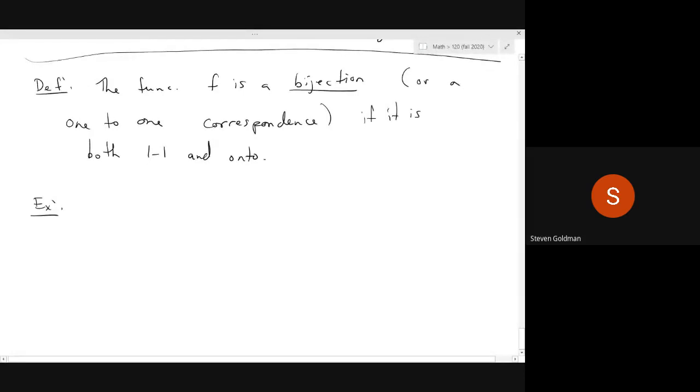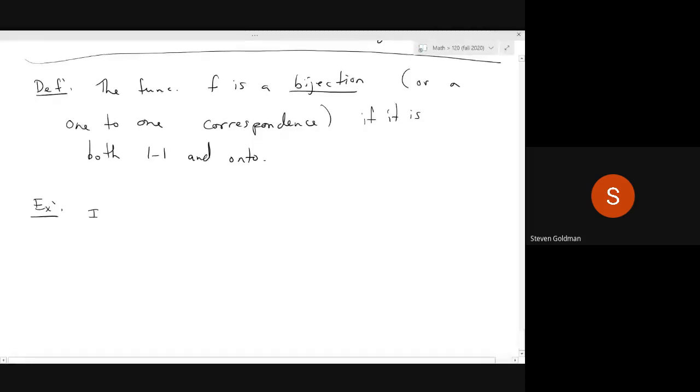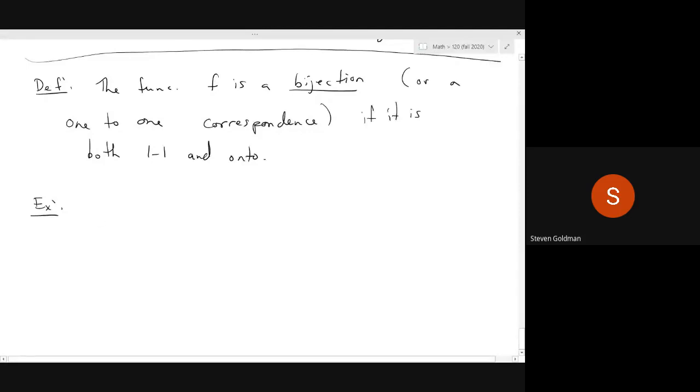All right, so let's see an example here. Let's say we have a function, f of x equals x squared plus 4 over x squared plus 5, where f is a function from the set of real numbers to the set of real numbers.